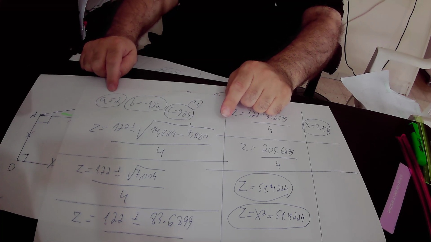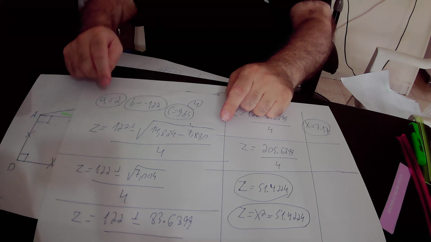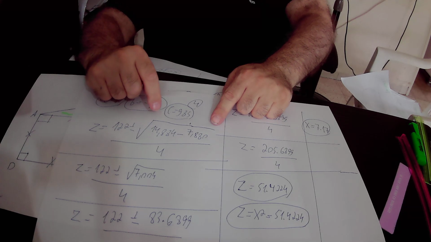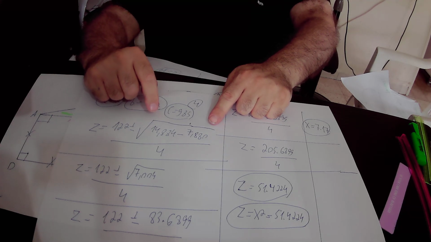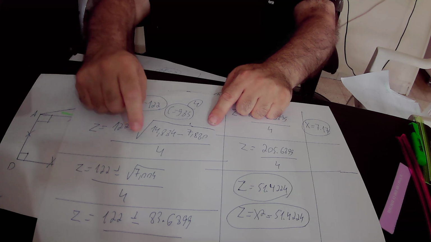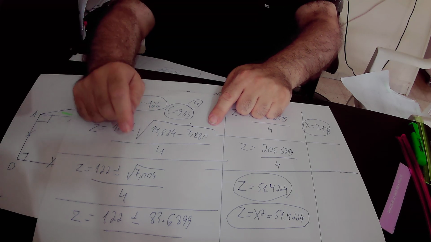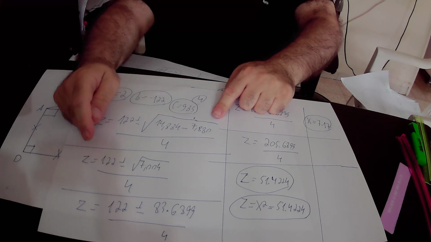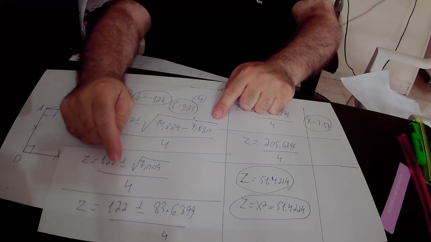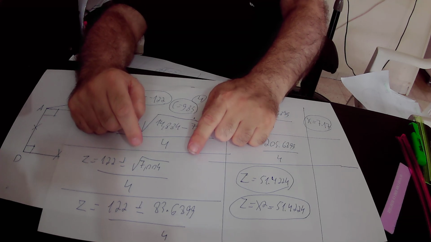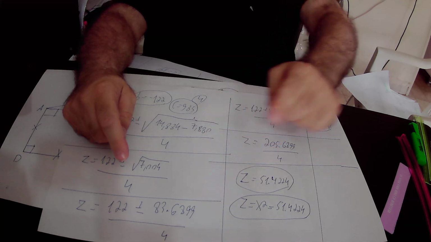So here we found out that z equals 122 plus minus the square root of 14,884 minus 7,880, which is 7,004, divided by 4. So z equals 122 plus minus the square root of 7,004, which is 83.6899, over 4.